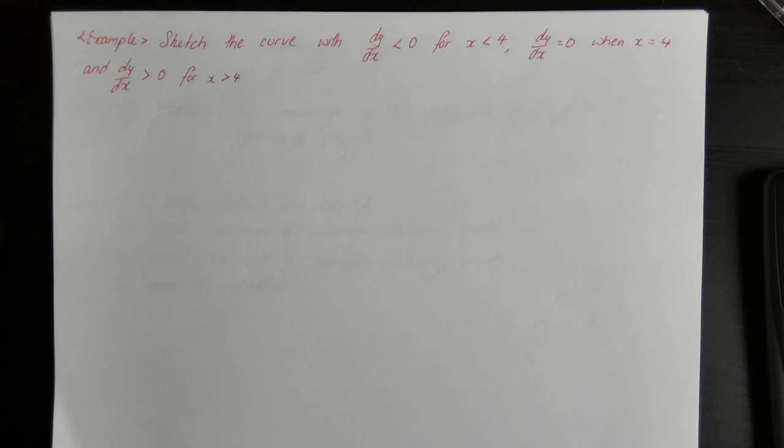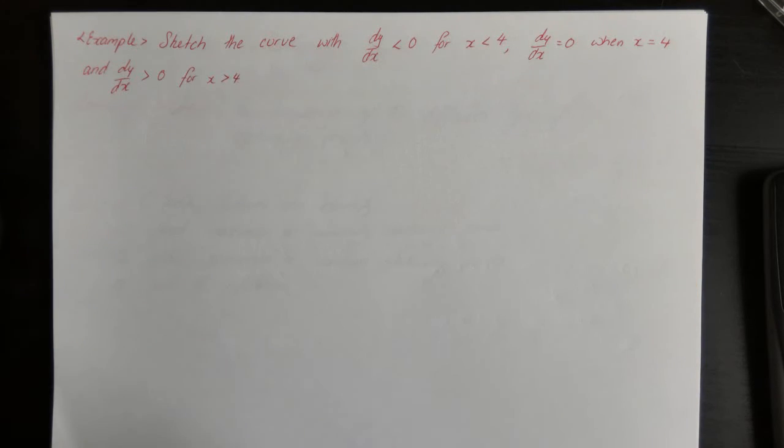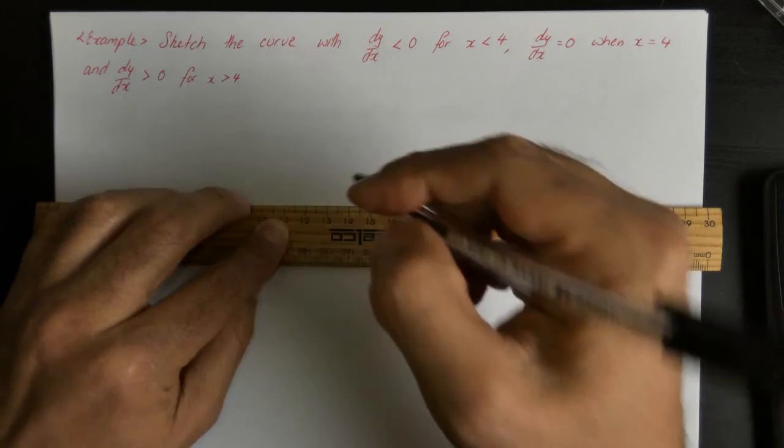The last example says, we want to sketch a curve where the first derivative is less than 0 for when x is less than 4.